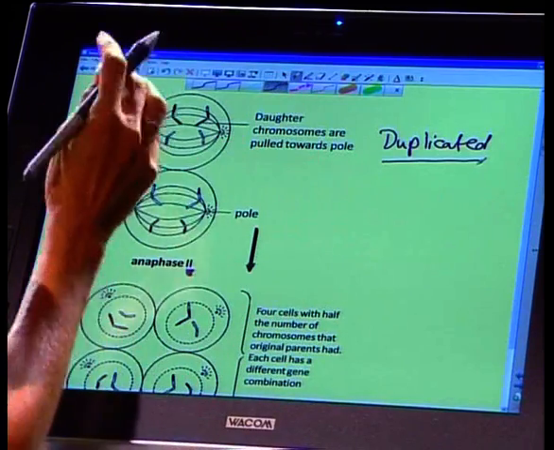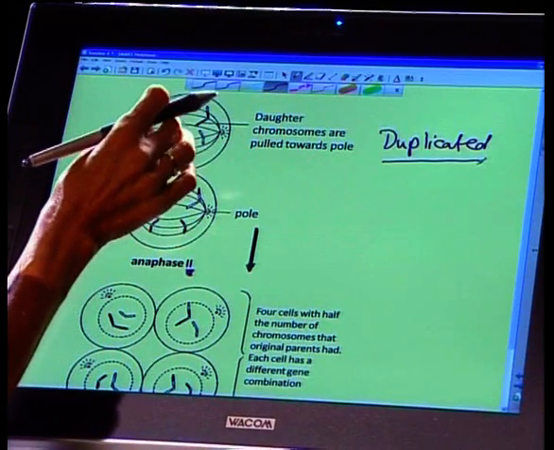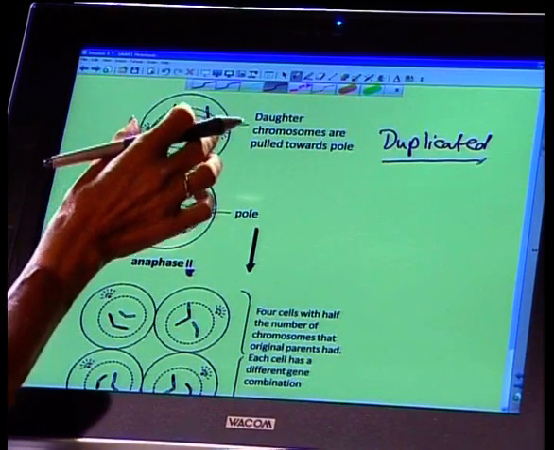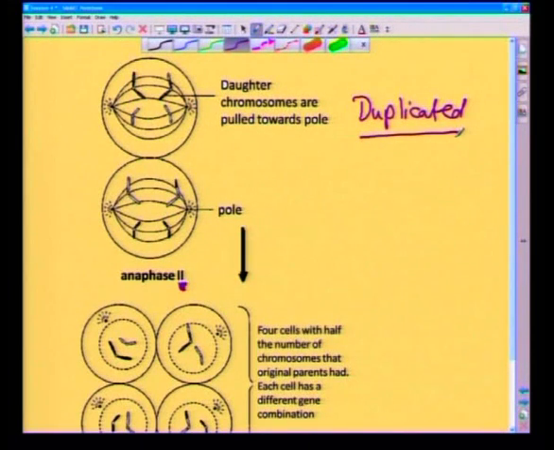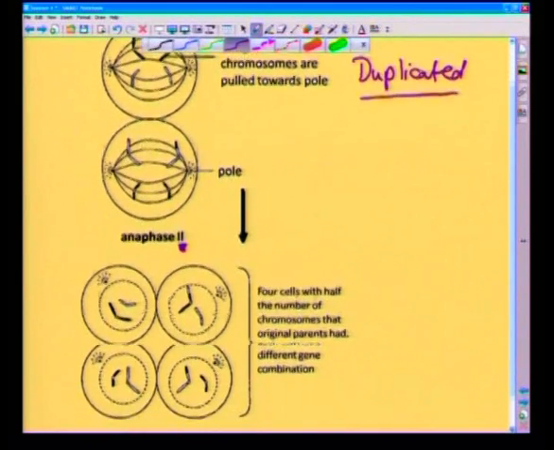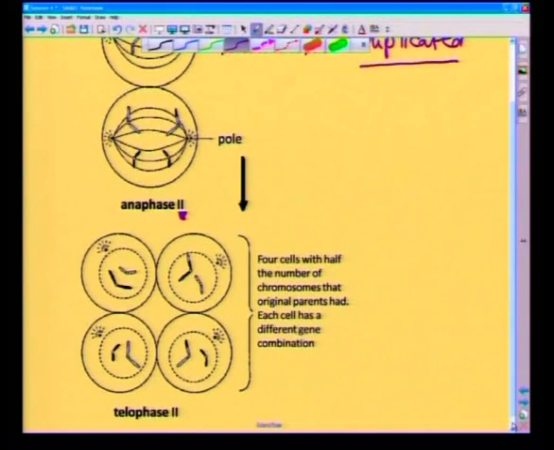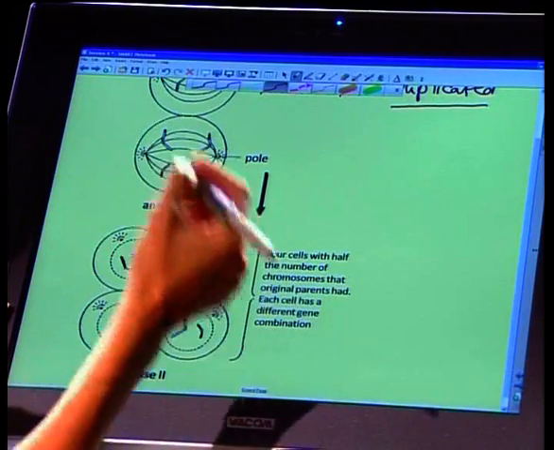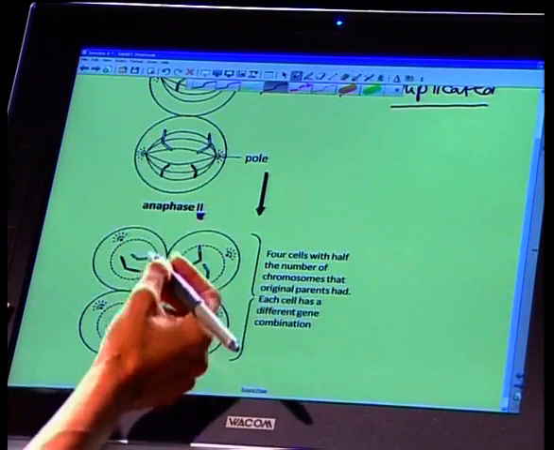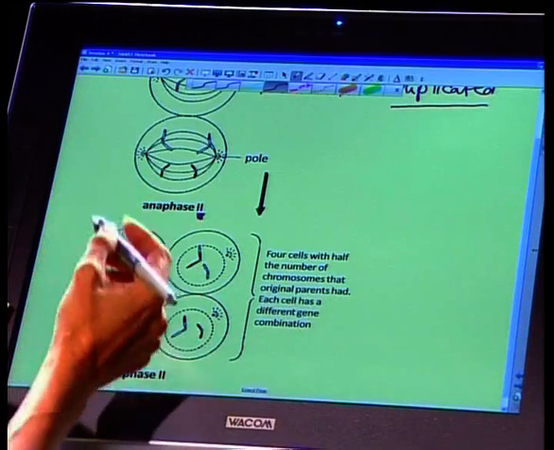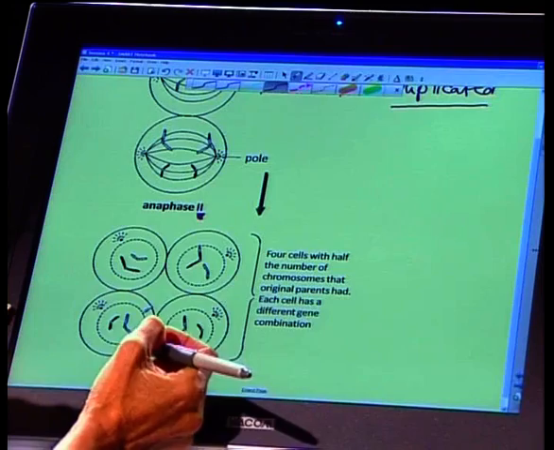So in duplicating, what have we got? We now have our half, and the half has now duplicated. So we look at what we end up with. 4 daughter chromosomes that are unidentical. They are not identical, and I'll show you why in a minute. Let's just first look at this diagram.